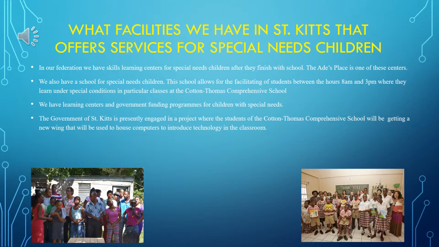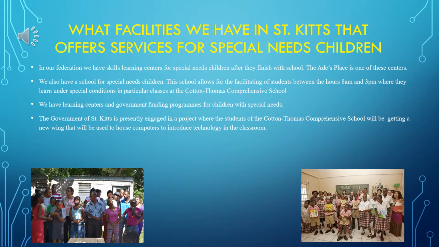Special needs children learn just as much as the children in the mainstream, where they have teachers teach them with sign language. And those who are just impaired visually enter the mainstream classes where they learn the normal social studies and maths, even though they're over at the Cotton Thomas Comprehensive School.